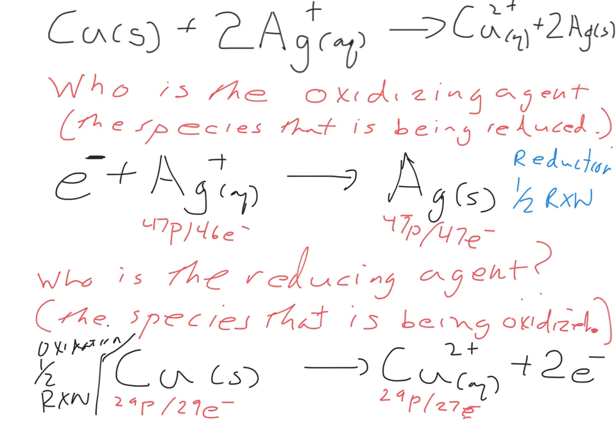But for now, just looking at these two half reactions helps us explain a question some of you may have had when we looked at the overall reaction up here. If you look at this overall reaction, some of you may have been questioning, why do we have a 2 in front of my silver here?